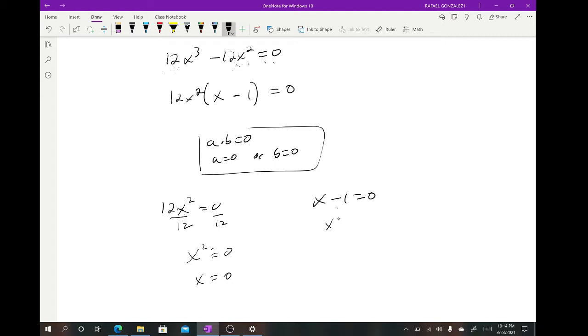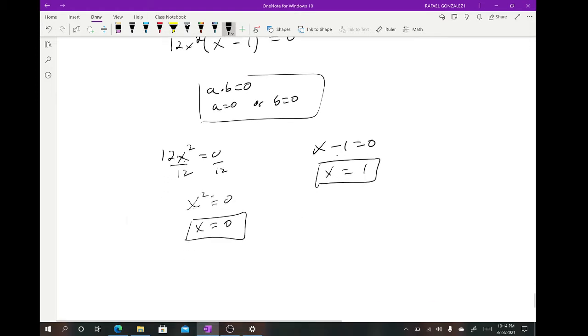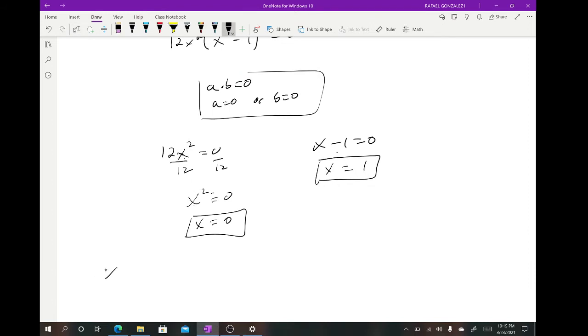On the other side, move the 1 over, so x = 1. So x = 0 and x = 1 are our critical values.